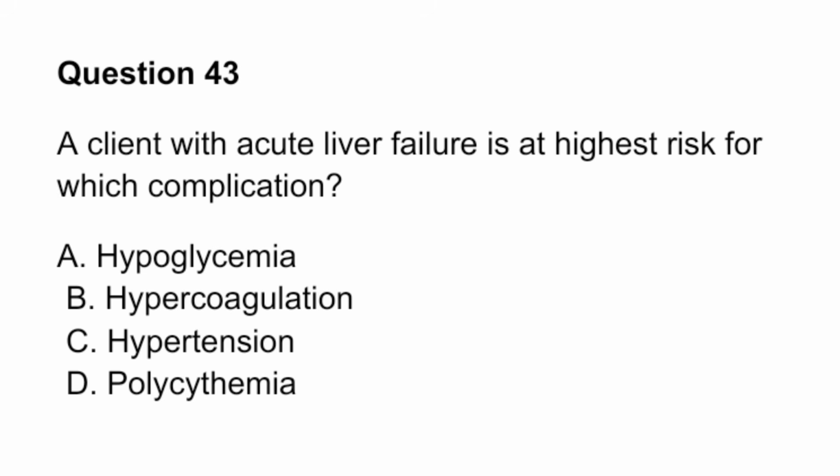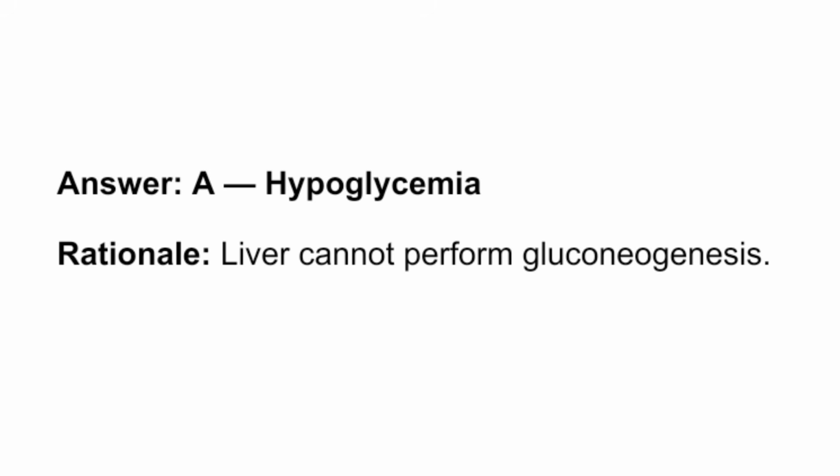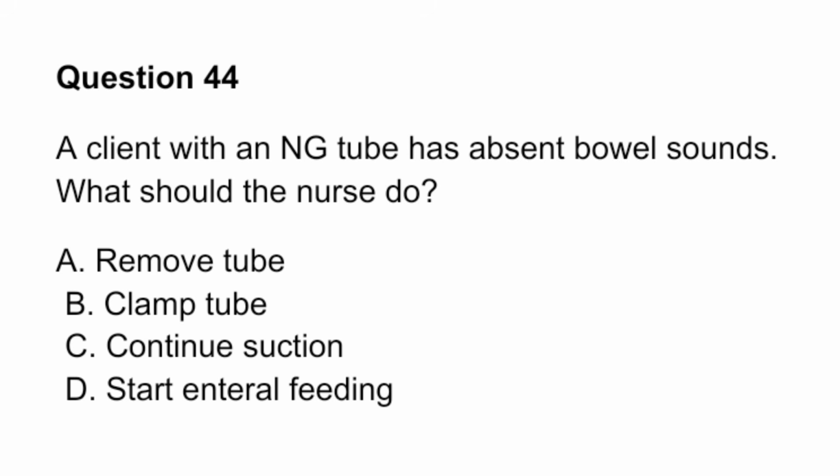Question 43. A client with acute liver failure is at highest risk for which complication? A. Hypoglycemia. B. Hypercoagulation. C. Hypertension. D. Polycythemia. Answer A. Hypoglycemia. Rationale: liver cannot perform gluconeogenesis. Question 44.